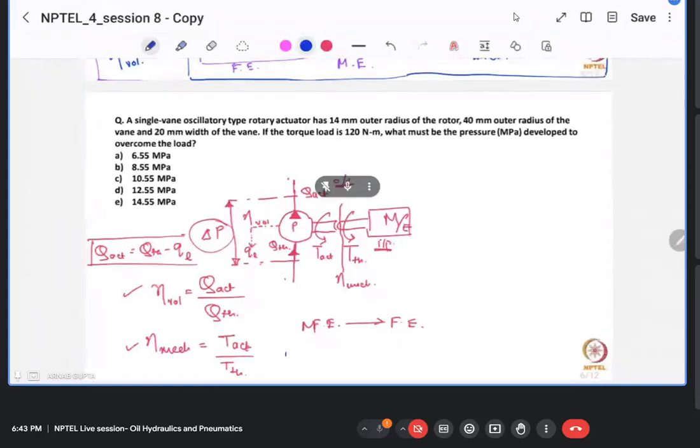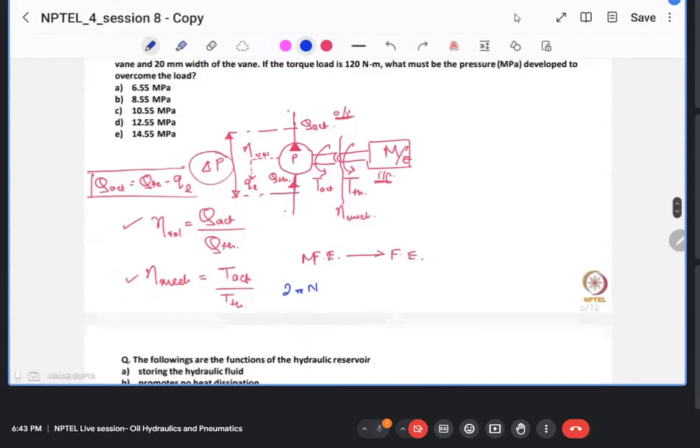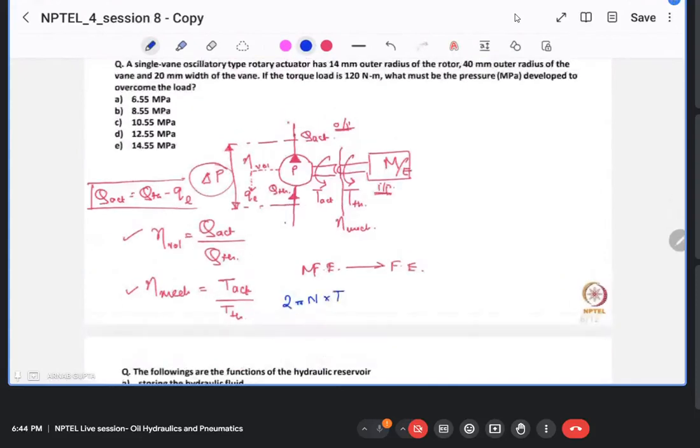Input is 2 pi N into T theoretical, but it is not completely going to the pump. There are some losses due to friction, so you're getting 2 pi N into T actual.